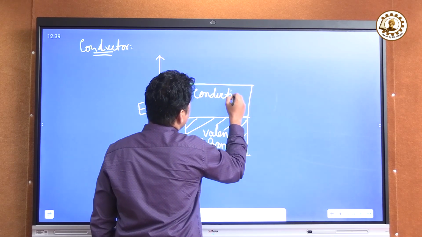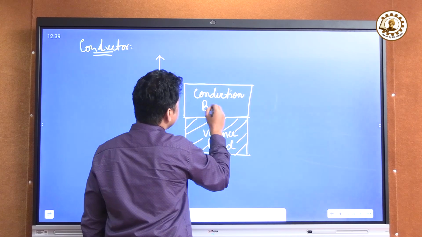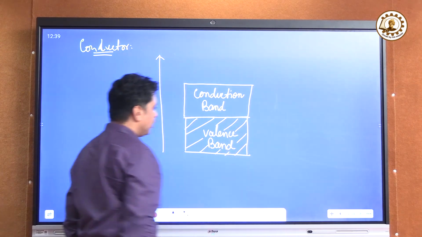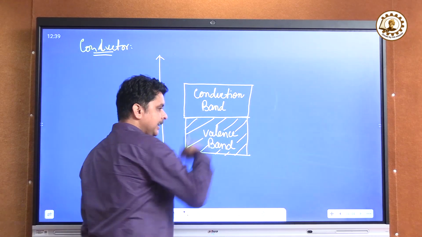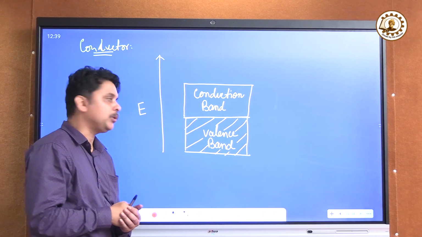The energy gap between the valence band and conduction band is very low. In fact, they actually overlap with each other. Therefore, electrons can freely move from the valence band to conduction band.